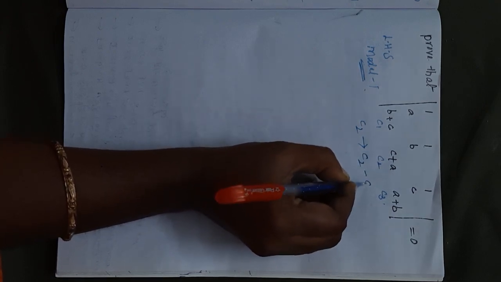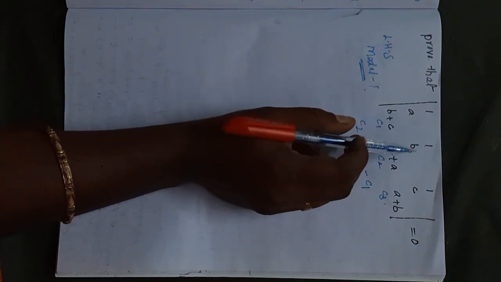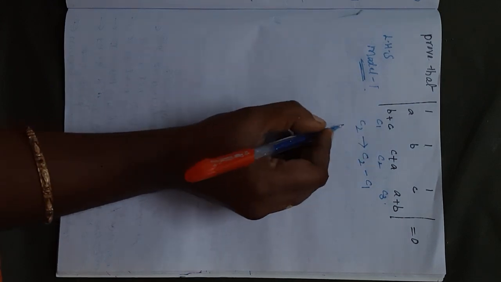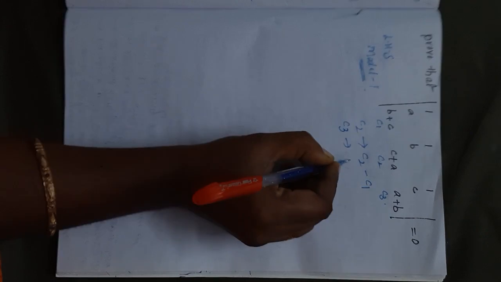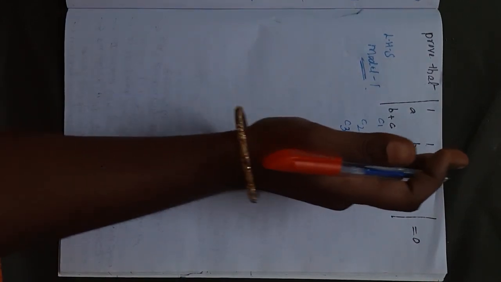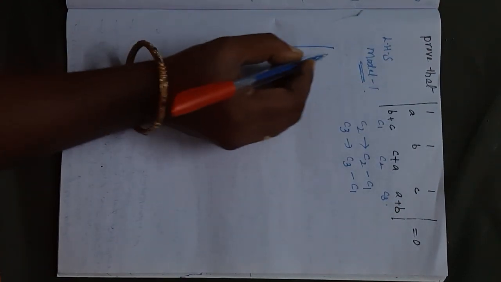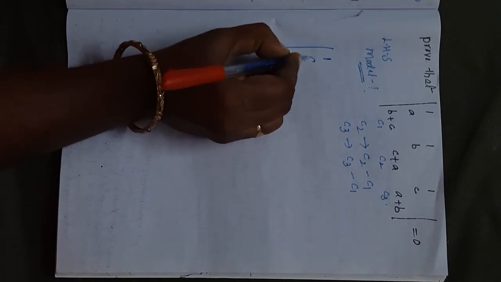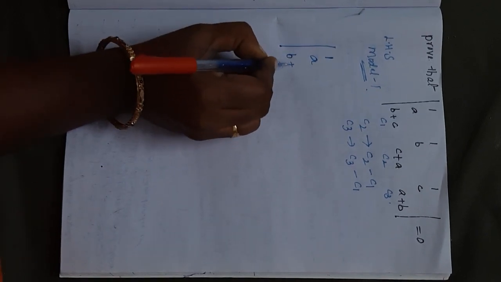C2 minus C1. So I have to make this one 0 by using C1. Next C3 changes. C3 minus C1. Like this you have to do. C2 minus C1, C3 minus C1. Now C1 remains the same: 1, a, b plus c.